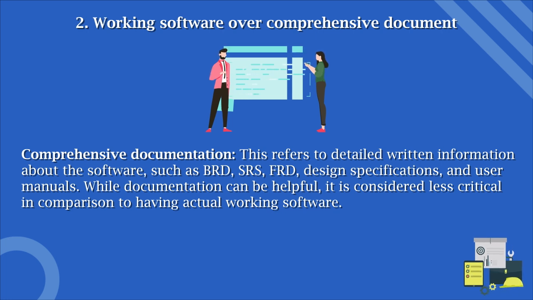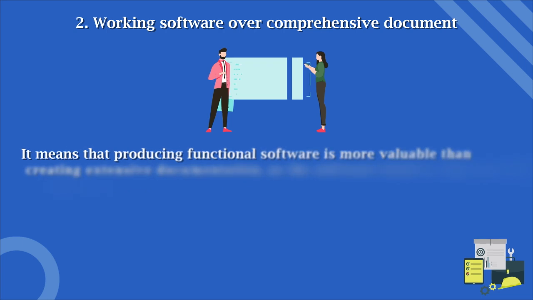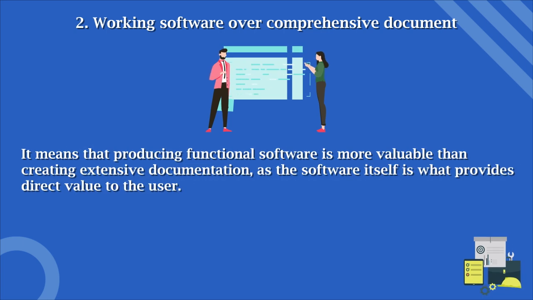While documentation can be helpful, it is considered less critical in comparison to having actual working software. It means that producing functional software is more valuable than creating extensive documentation, as the software itself is what provides direct value to the user.